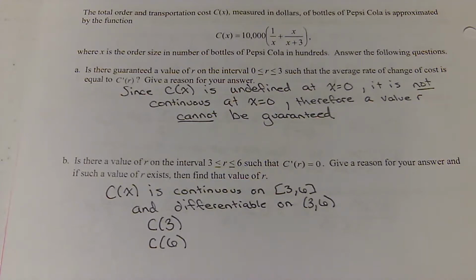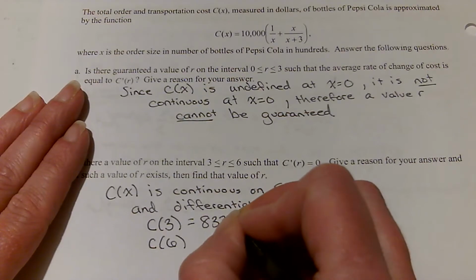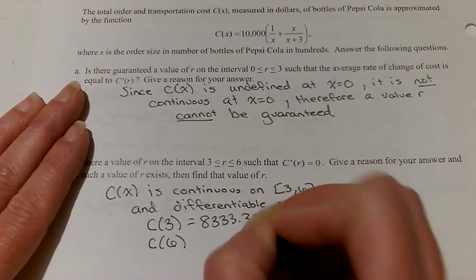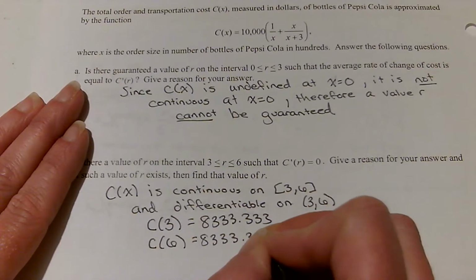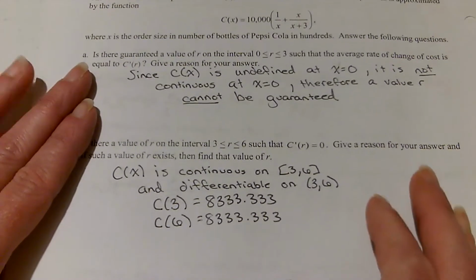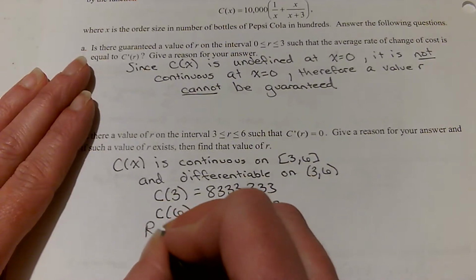And I'm going to go off to the side. C of 3 is 8333.333, and so is C of 6. Rolle's theorem applies.